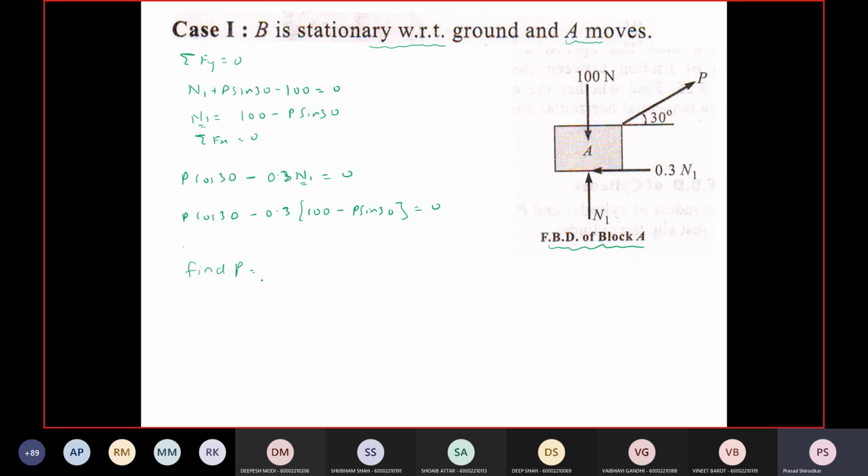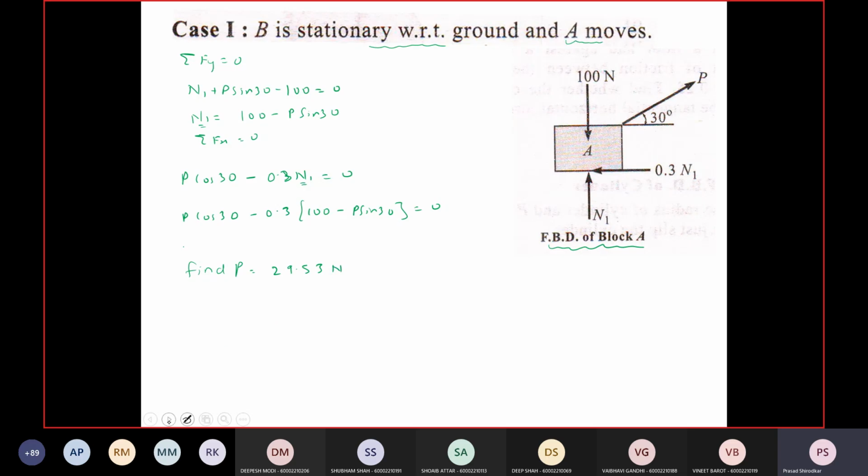Just tell me the value of P. So 29.526. Correct. P is 29.53 newtons.